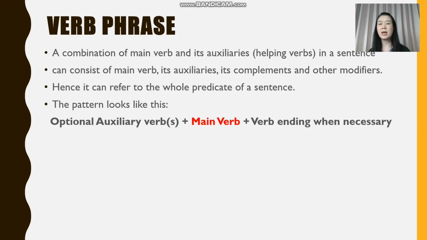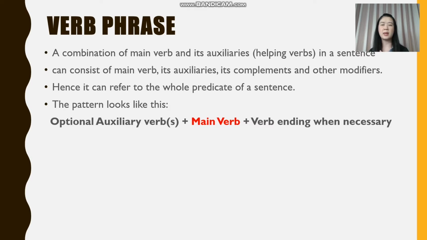So it means that for the verb phrase, it's possible that we have the main verb as the head word, okay? But it's possible that we can have some kind of auxiliary or some kind of verb ending when it's necessary, okay? It's quite like the noun.